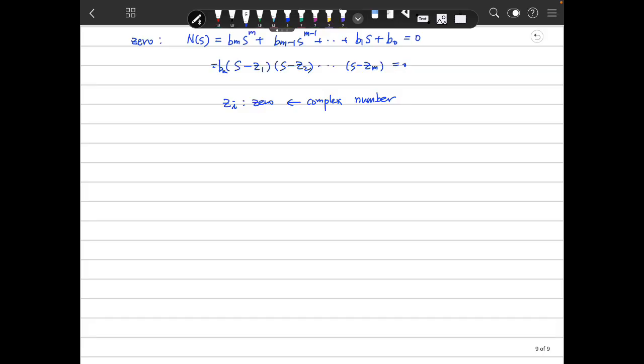Here we will do how to inverse the Laplace transform.